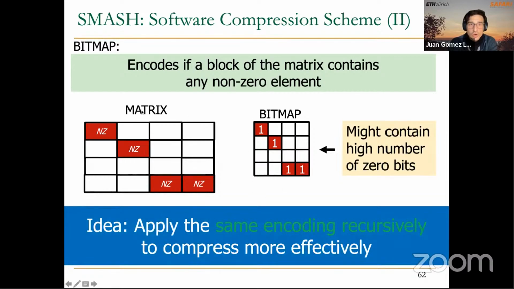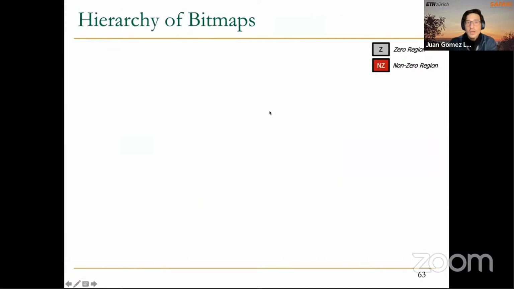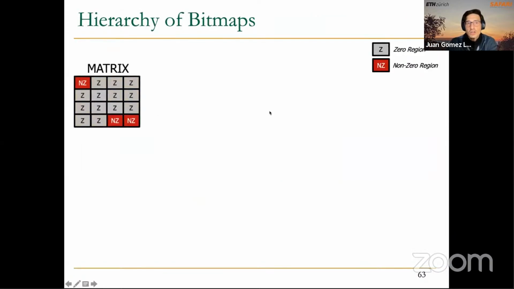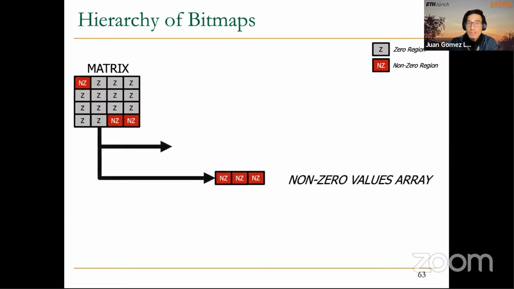So we are going to encode this matrix using the bitmap, but now we can also compress this bitmap using another bitmap. So we can use, in fact, a hierarchy of bitmaps. So for example, if this is our matrix, what we will have is an array of non-zero values.